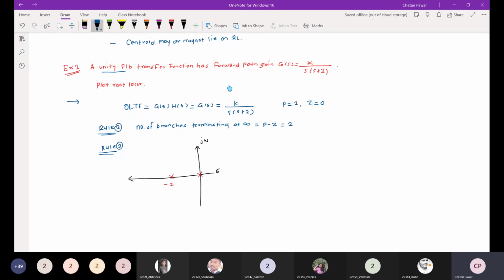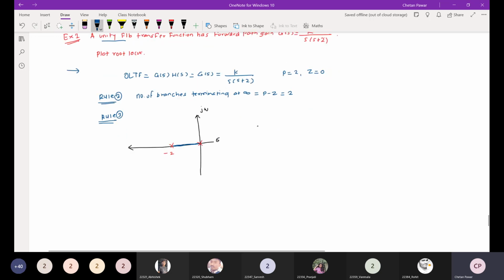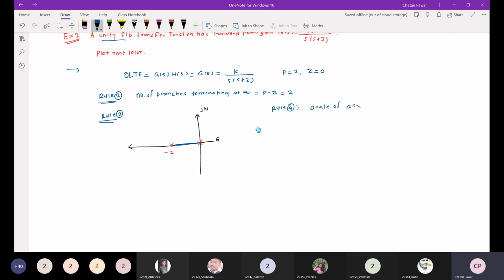I will use blue color. So here exists a root locus branch. Now rule 4: you need to find the angle of asymptotes. How many asymptotes are there? Two, because there exist two infinite zeros. The angle of asymptotes is (2n+1) times 180 degrees divided by the difference between the number of poles and zeros.